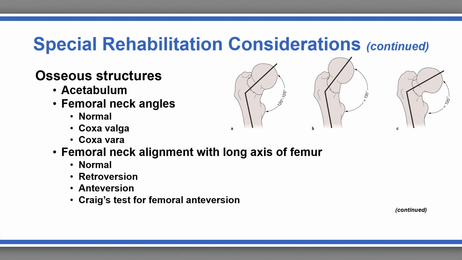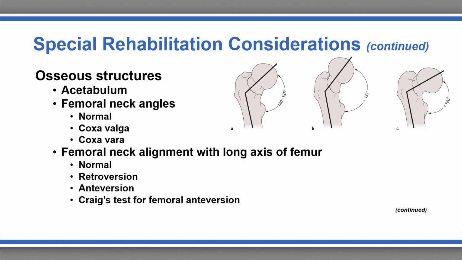If this angle exceeds 15 degrees, then we can say that the femur is positioned in medial rotation. This is also known as anteversion. An anteverted hip has more range of motion medially and less range of motion laterally.